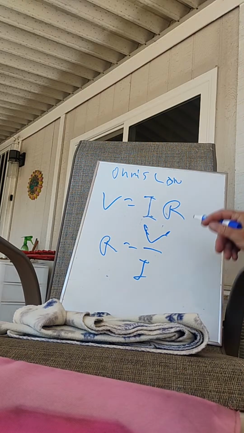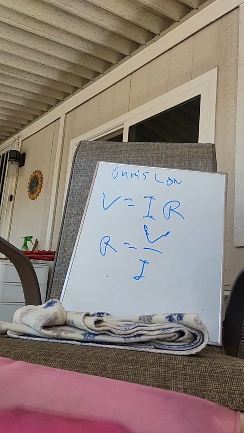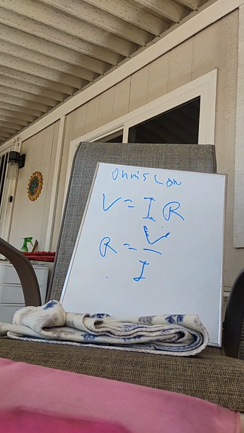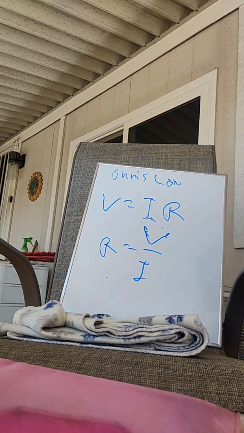R equals V over I. Voltage over current. Let me think about that. This is voltage over current. If the current is the same and the voltage is higher, this is a ratio of voltage to current.